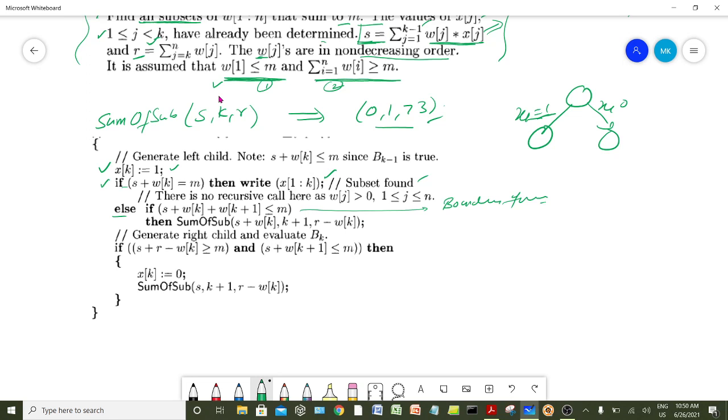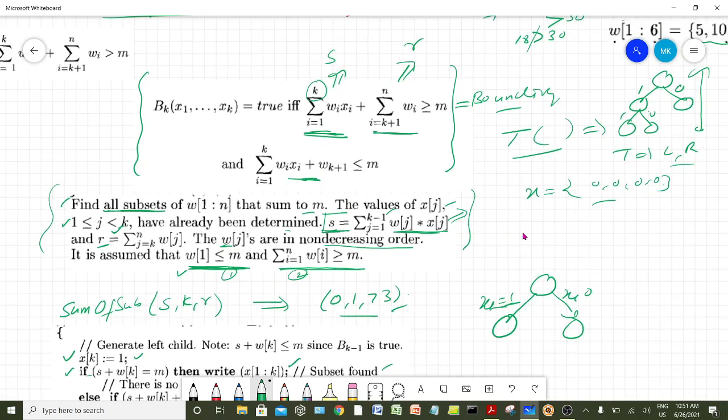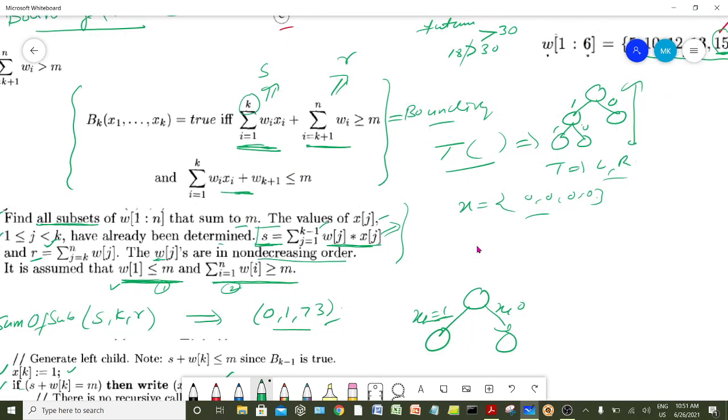Now what exactly is the definition of the bounding function that I have just conveyed to you? It is: if the previous sum plus the kth item, plus w of k plus 1, is less than or equal to m. This part of your bounding function is checked for this inclusion.